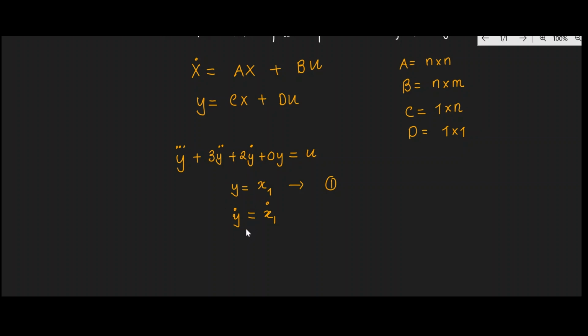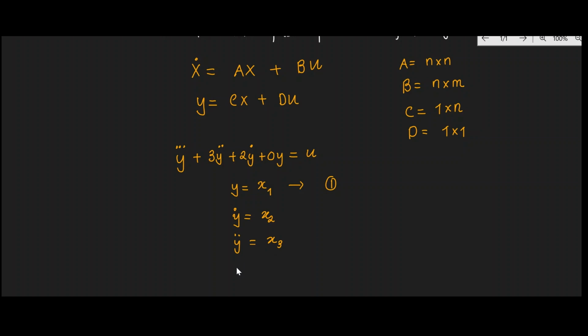Let me start again. Let me say y dot is equal to x2, and then y double dot is equal to x3.